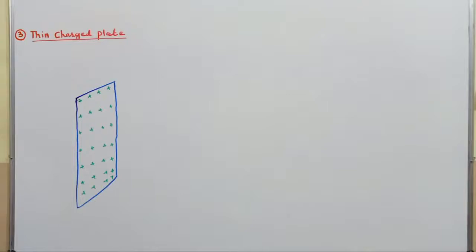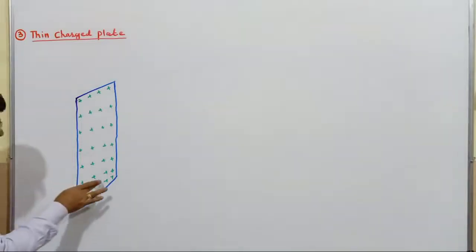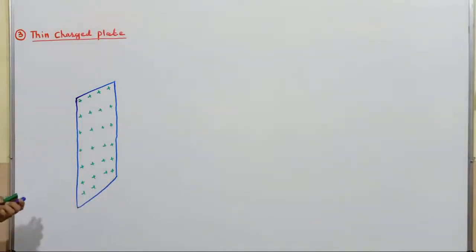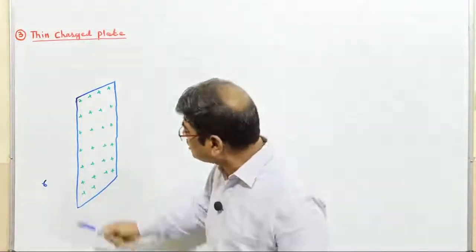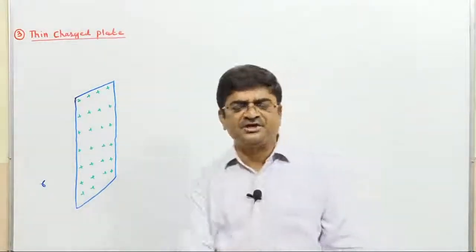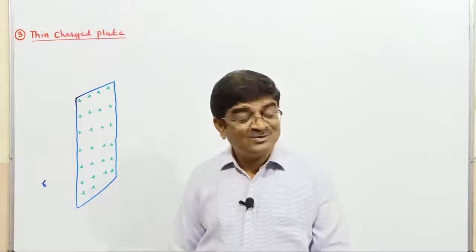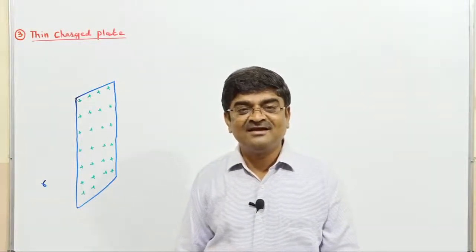Everywhere it has got distributed uniformly, so as to have surface charge density sigma, I can say. So what is the density? Sigma. Surface charge density sigma.